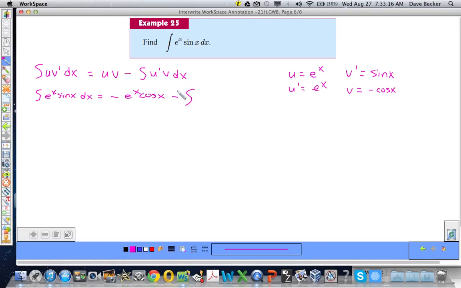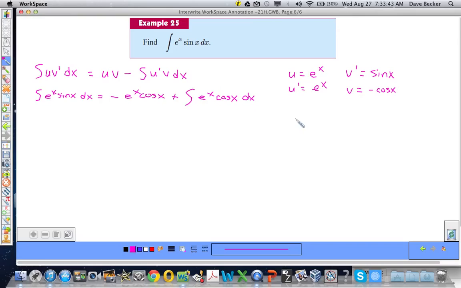In the interest of time, I'm just going to go ahead and right away change that to plus, and we get e to the x cosine x dx. Okay? Everybody okay? All right. So now you're like, I cannot integrate that. But if we integrate this by parts again, looky what happens.